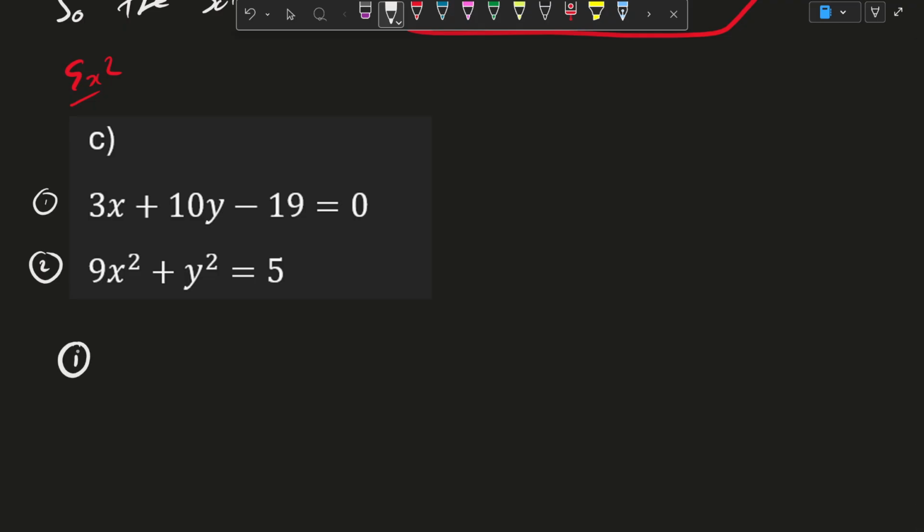So if I take equation 1 as part of our solution, then we'll have 3x plus 10y minus 19 is equal to 0, and we want y in terms of x. So firstly, 10y is adding the 19 over and subtracting the 3x, and then dividing both sides by 10.